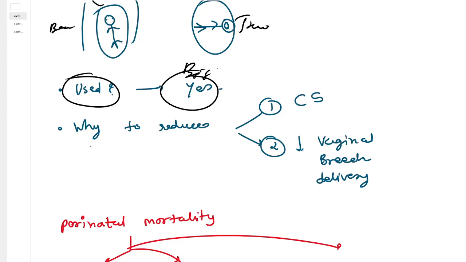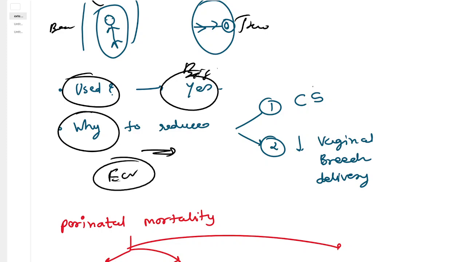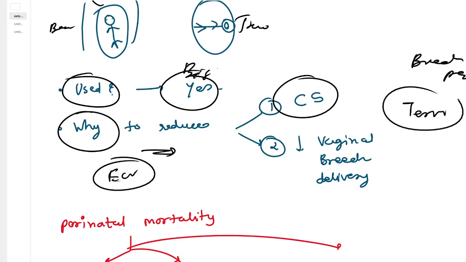Okay, now why should we use ECV more and more? Because first of all, it reduces the cesarean section rate. So many obstetricians think that a breech presentation at term is an indication for cesarean section, especially in primigravida.